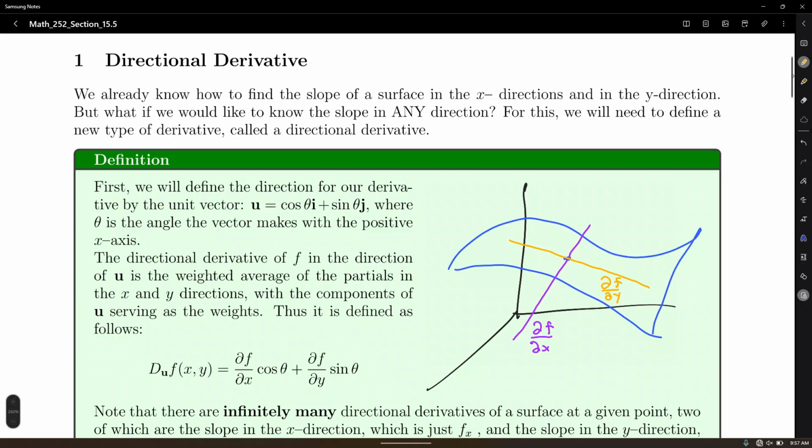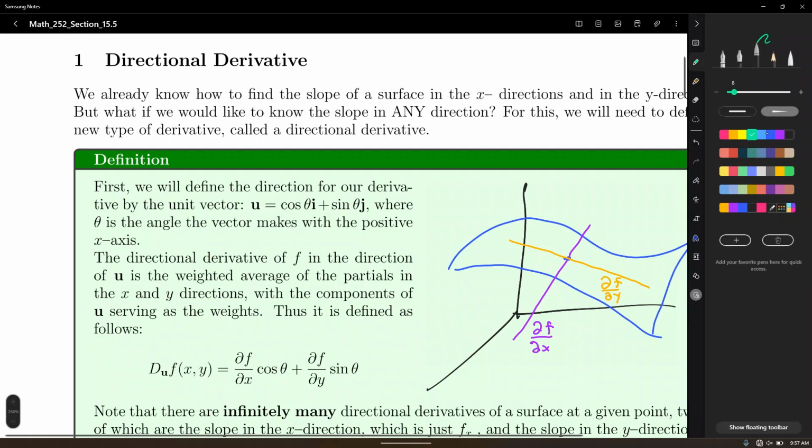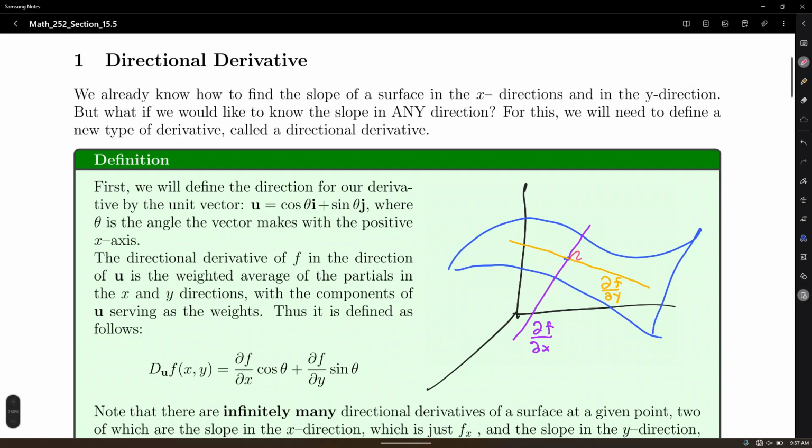What if I want to move from this point, not along the x-axis or the y-axis, but in this direction, maybe, say, 30 degrees, right? This is what you do when you go hiking, and when you're simply walking, you want to find a way around a hill or something. Well, you're not just going straight and then turning 90 degrees every time. No, you can turn basically in your favorite direction.